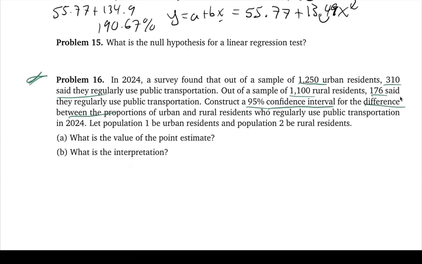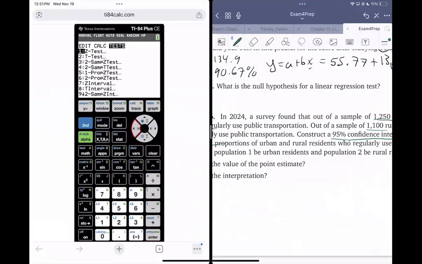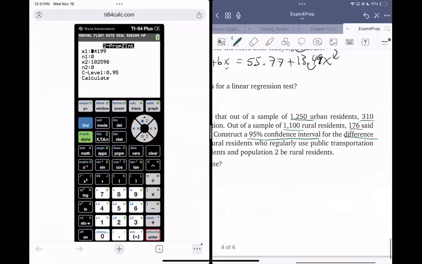All right, fine, let's do that. Stat, edit. Okay, so I need an interval in the name, and this has two proportions. Hey, look, 2 prop z int. That's the one we want. I have two proportions. I want a confidence interval. There we go. What is x1?